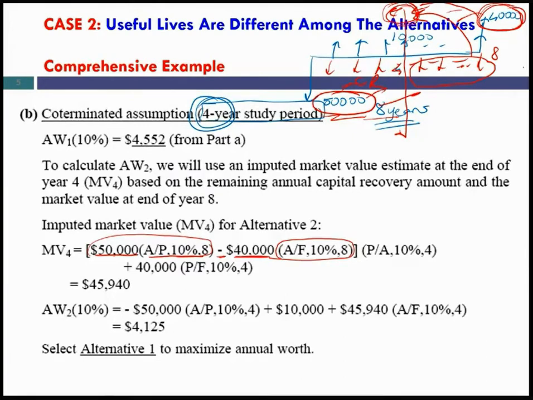Okay, and now for this period after the 4th year till the 8th period, I need to find its present worth at time 4. So for that, I'm going to use this formula, P given A, 10% and 4, because there are 4 periods here, 5, 6, 7, and 8, okay?